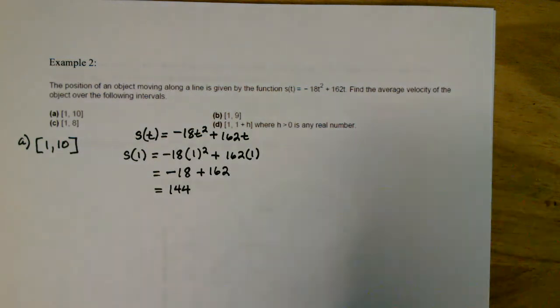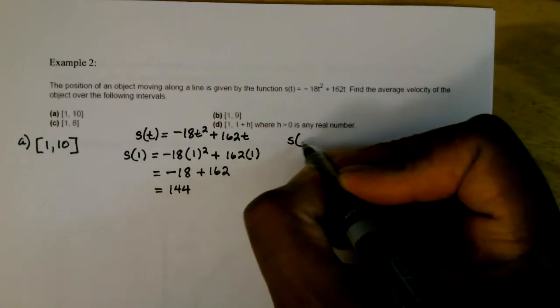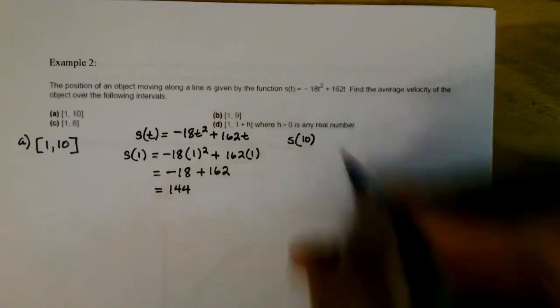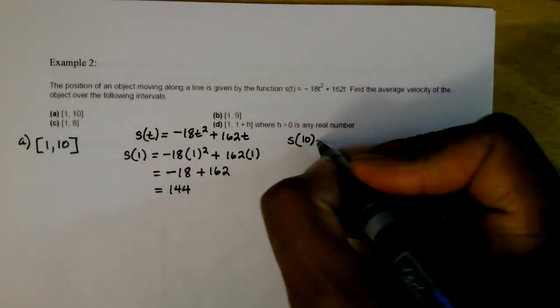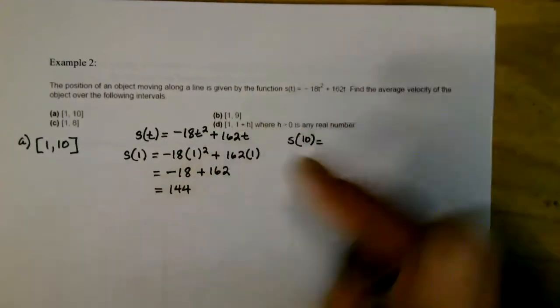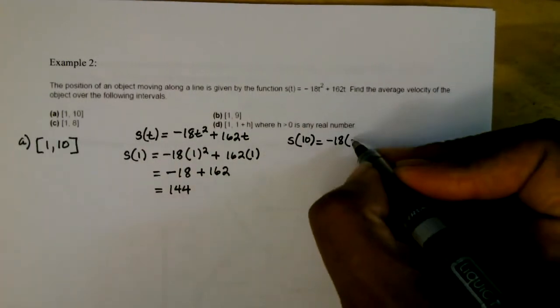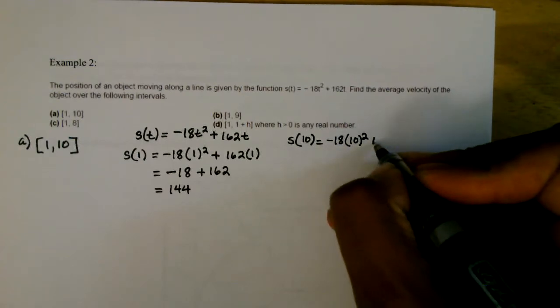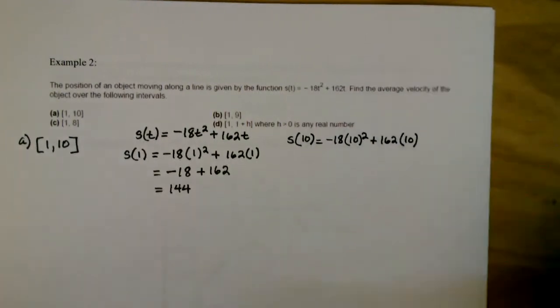And now I need to find out what my distance is when t is equal to 10. So again, I'm going to use what S of t is, substitute each t with 10. So this will be negative 18 times t, which is 10, and that's squared, plus 162 times t again, that's going to be 10.